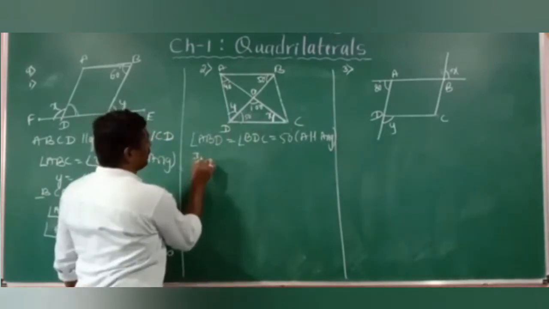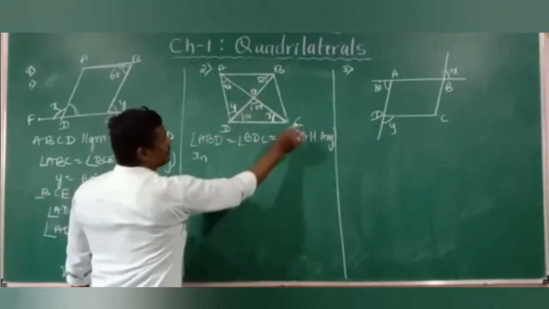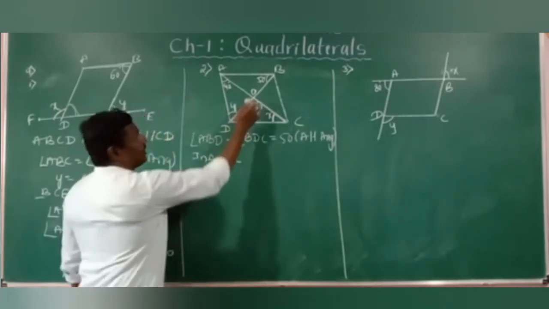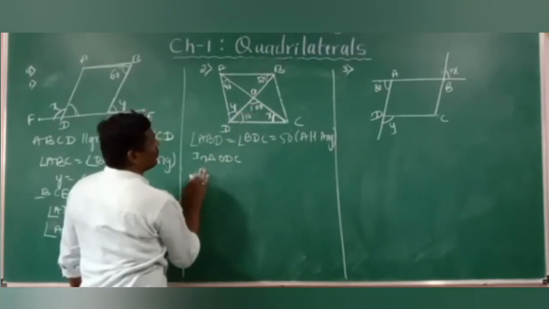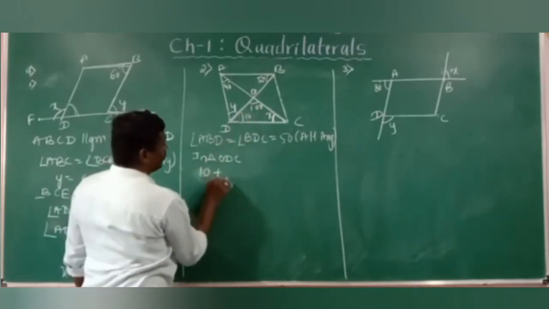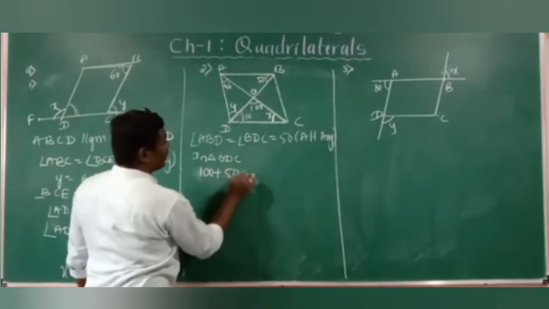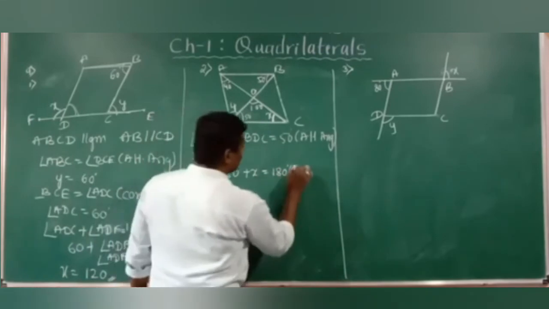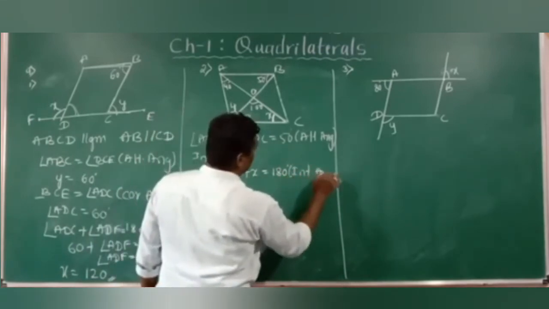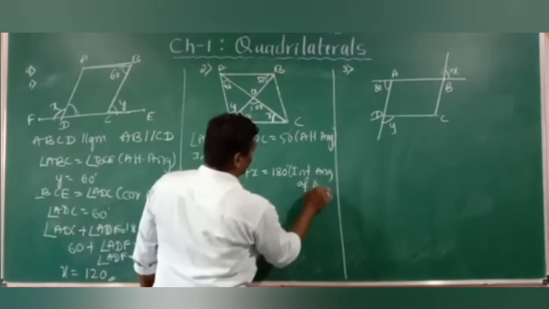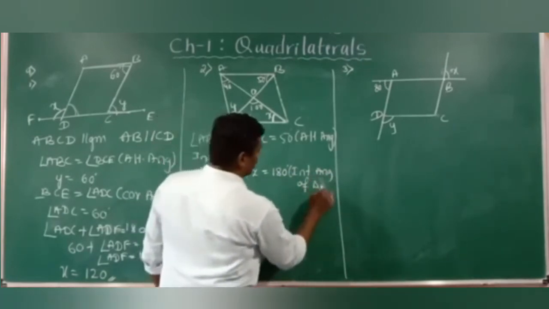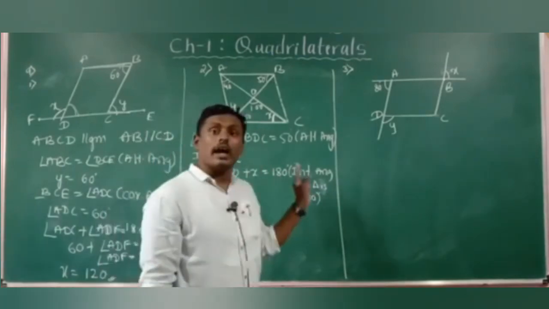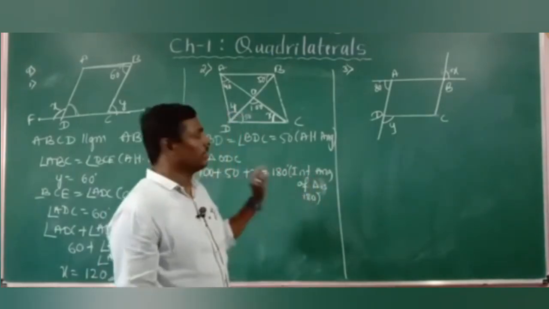In triangle ODC, the first angle is 100, so 100 plus 50 plus x is equal to 180 degrees, because the interior angles of a triangle sum to 180 degrees. That is the angle sum property of the triangle.